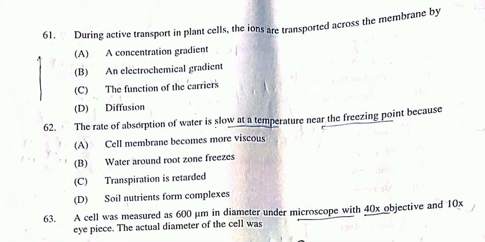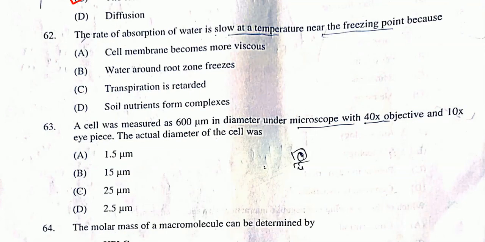Question number 61. During the active transport in plant cells, the ions are transported across the membrane by means of the function of the carrier protein. The rate of absorption of water is slow at a temperature near the freezing point. Why? Because transpiration is retarded.